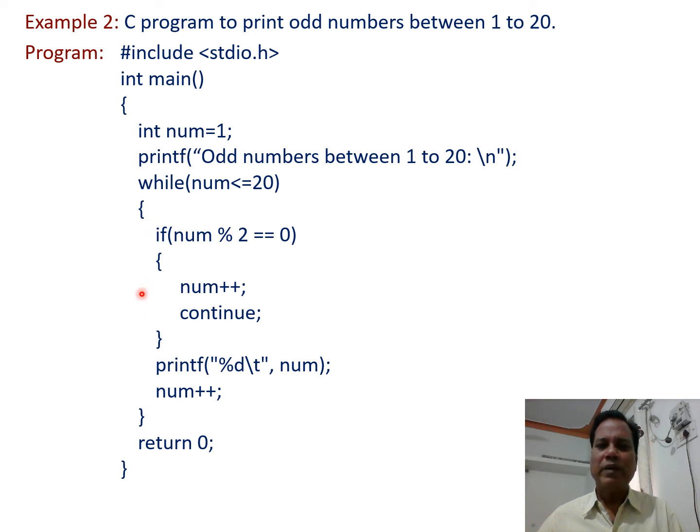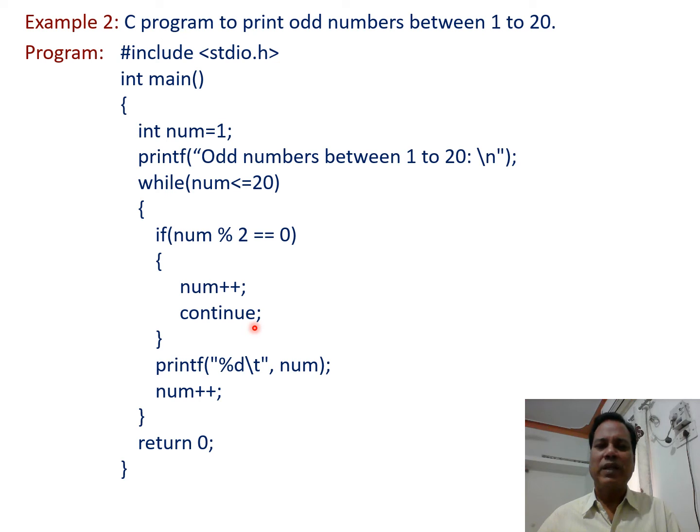In the body of the while loop, there is an if statement. In the if statement, the condition is num modulo 2 equal to 0. So when the value of num is 1, num modulo 2 equal to 0 is false. So the body of the if statement is skipped.